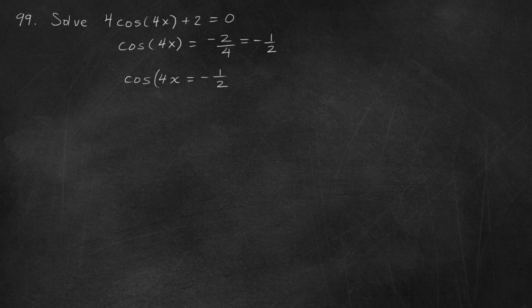Now I'm going to think in terms of my unit circle. If I'm trying to do this mentally, I would just say the cosine of what angle equals negative 1/2, and I know that's what 4x must equal. We can also show this algebraically by taking the arc cosine of both sides of the equation. So the arc cosine of the cosine of 4x equals arc cosine of negative 1/2.